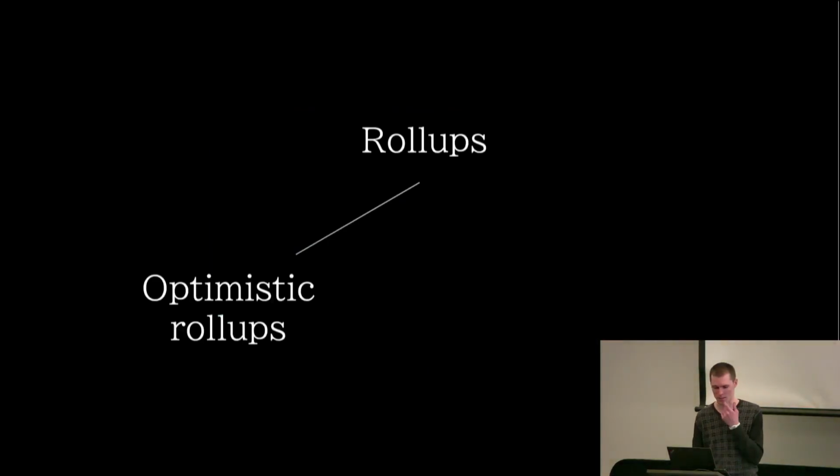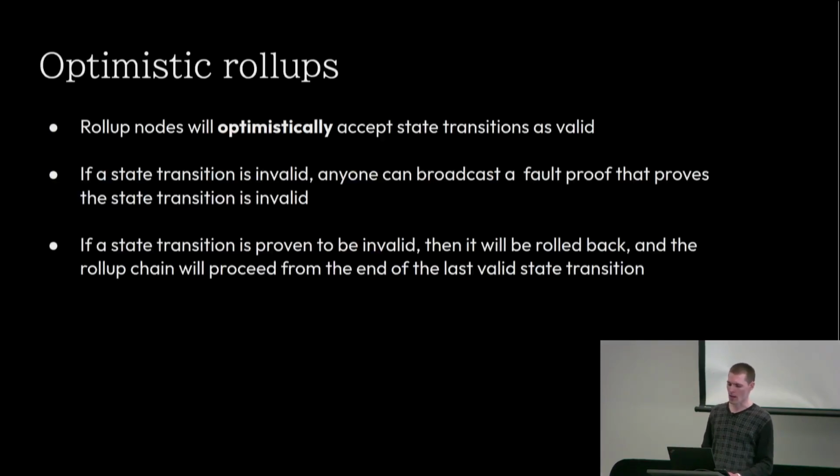So let's enhance. Look closer. Take a closer look at this. So within the category of rollups, we also have optimistic rollups. And these are rollups where the nodes will optimistically accept state transitions as valid.